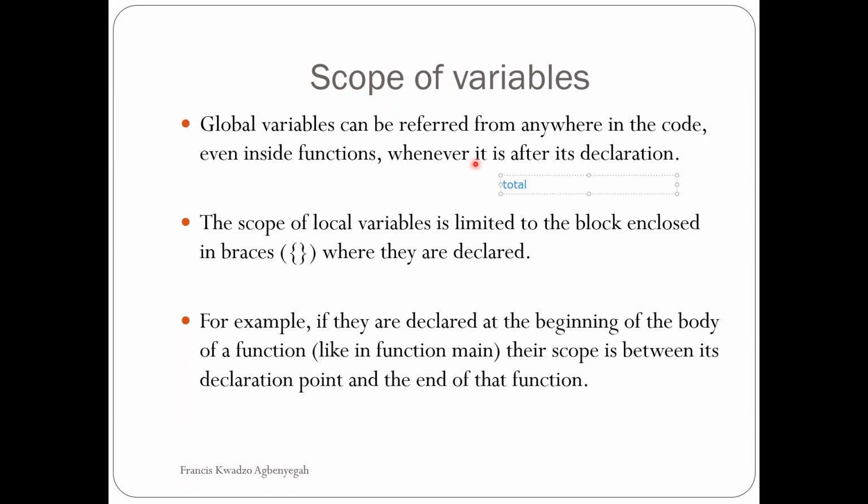If you want, just bring an underscore, then bring your question mark. But why do you want to name a variable this way? They say it shouldn't contain any symbol. So why won't you just make your life simple by declaring your variable as total score this way? Is this not nicer than complicating yourself by saying something like this? So don't complicate yourself. Just go simple, and then you are off.